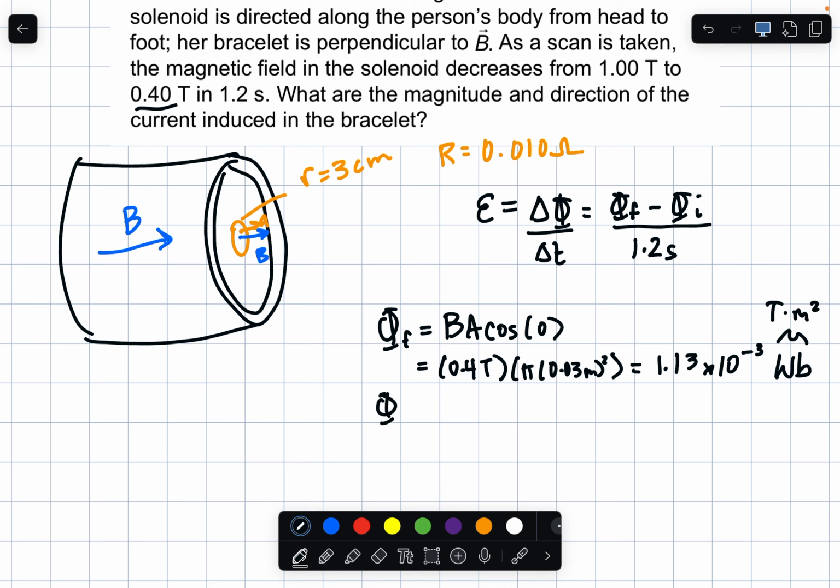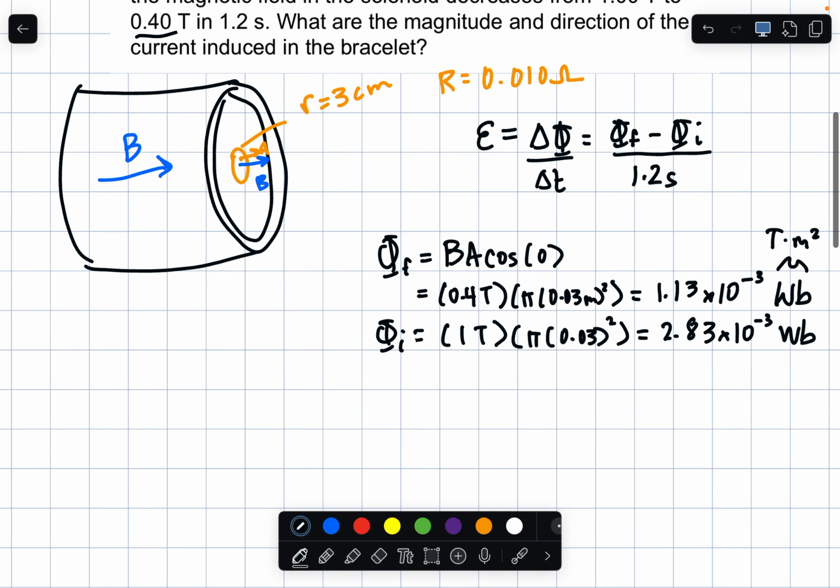So now let's find our initial flux. Same thing, starting at 1 Tesla. The angle is not changing. So then we can calculate the EMF, which is going to be 1.13 minus 2.83 times 10 to the minus 3 Webers divided by the time.